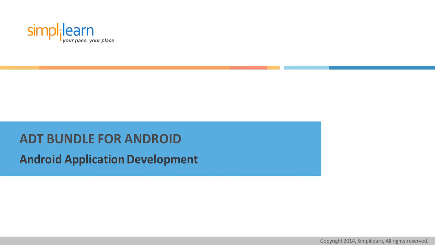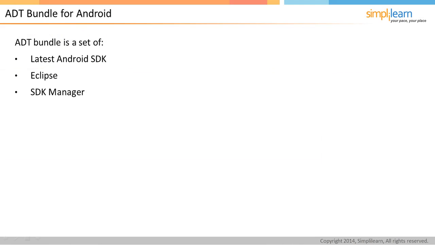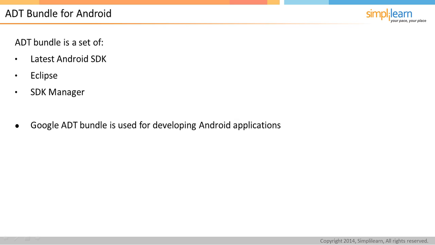In the next few slides, we will understand more about ADT Bundle for Android. ADT Bundle is a set of latest Android SDK, Eclipse, and SDK Manager. In this course, we will use the Google ADT Bundle for developing Android applications.